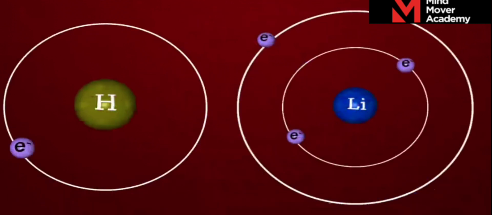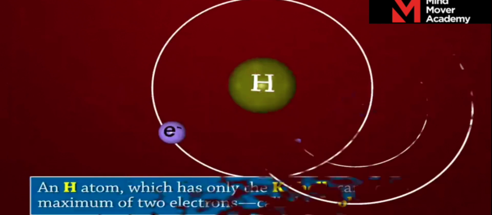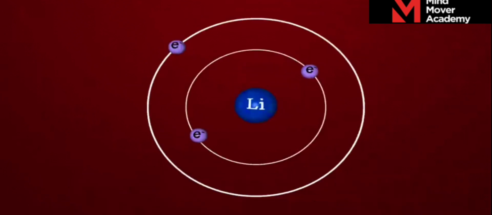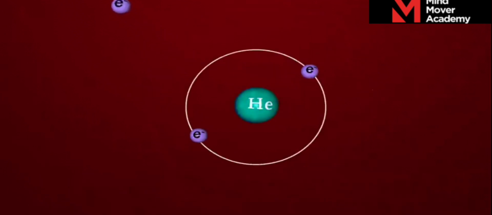Bonds in H and Li compounds are exceptions to this rule. An H atom, which has only the K shell, can achieve a maximum of 2 electrons, called a duplet, as in He. Lithium also forms bonds by achieving the electronic configuration of He.